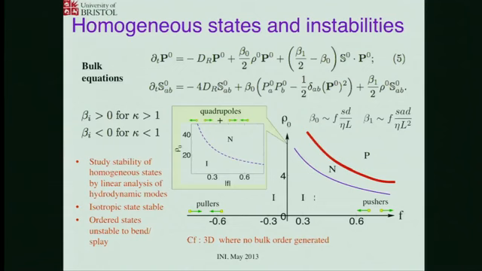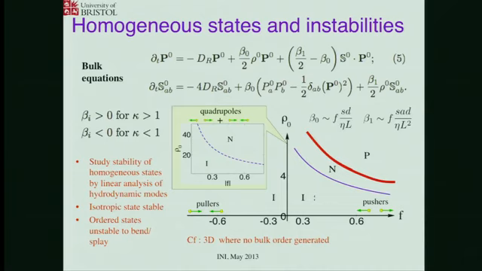I find a boundary as a function of density and beta between a state where P and S are identically 0 and a state where P and S have some finite value. I should also note that in the polarized phase, the nematic order parameter is slave to P in some sense. It's just given by this, and that comes from this equation here.